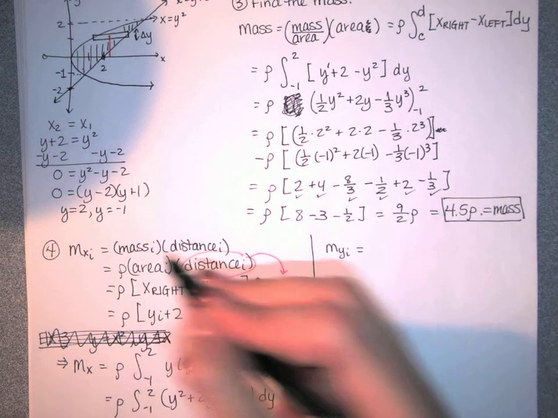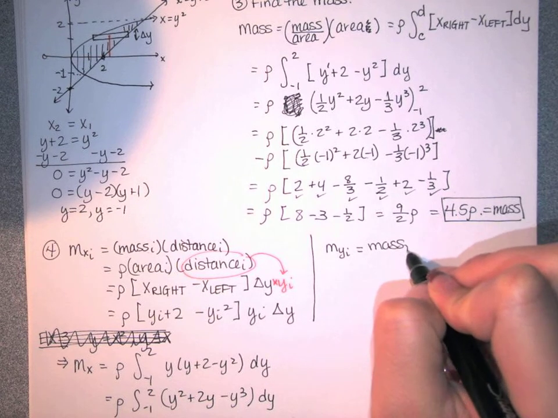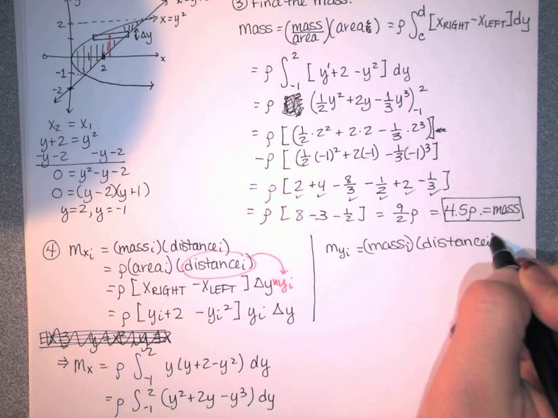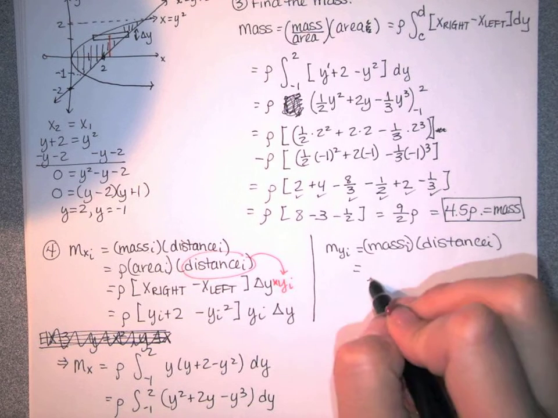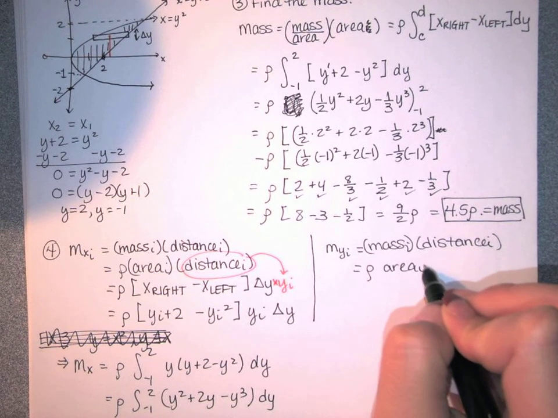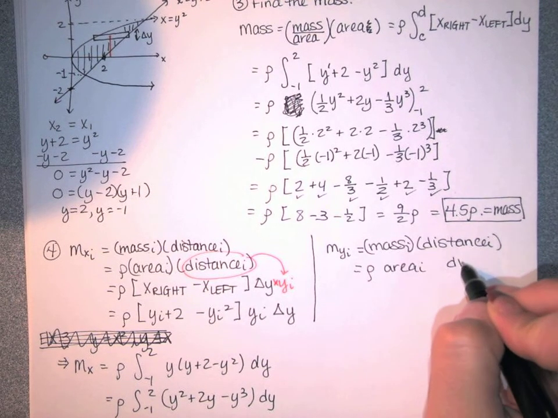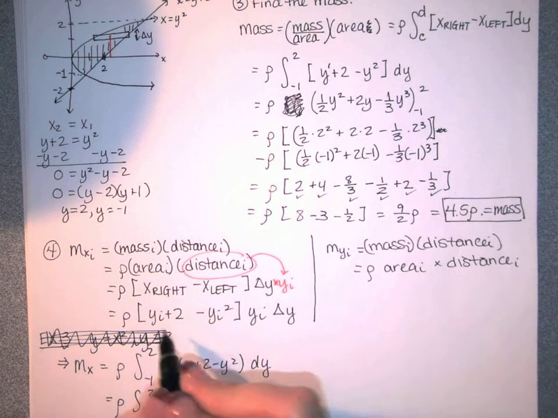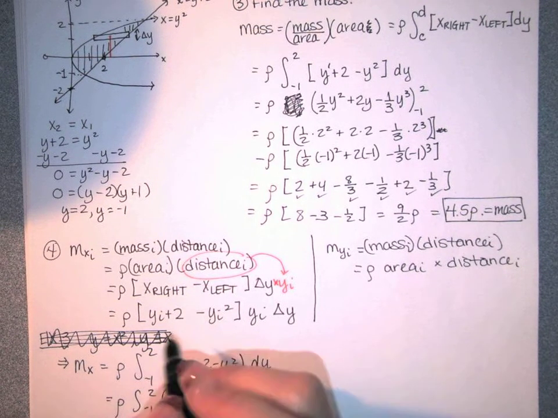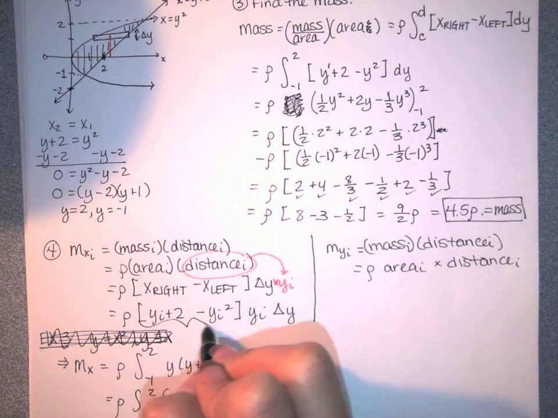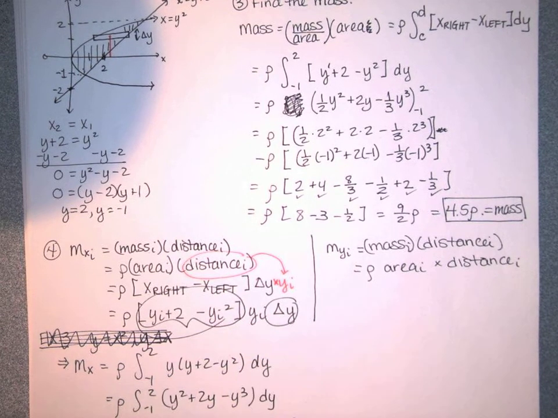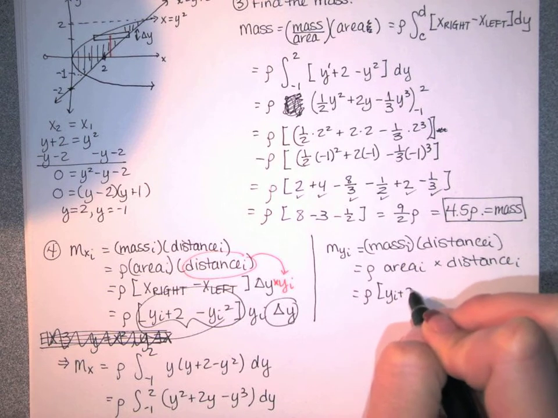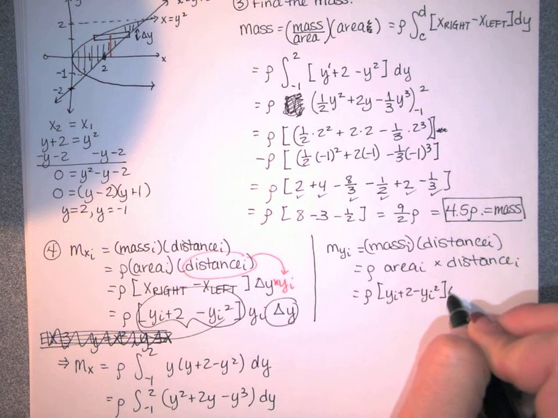So we've got mass times the distance to the y-axis. And mass is density times area. And area we already found over here. It was right function minus left function times delta y.